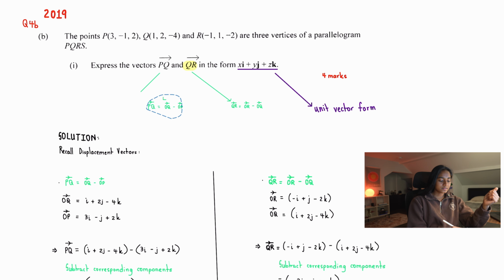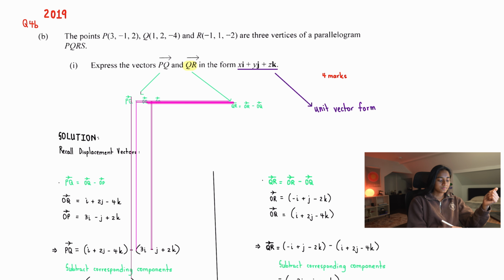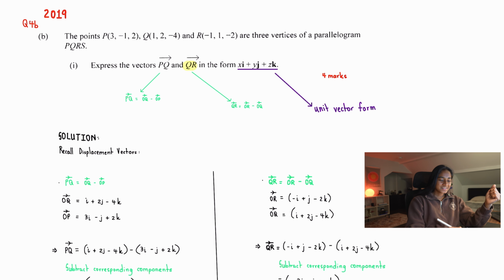I have no idea what happened here, but this is supposed to be like that. So we are going to look at PQ first. To find PQ, we have to get the position vectors, OQ and OP, okay? To do that, we have to find the unit vector forms, okay?